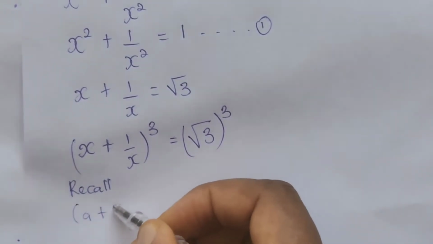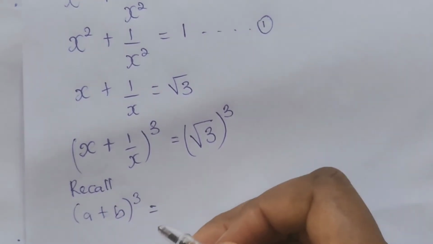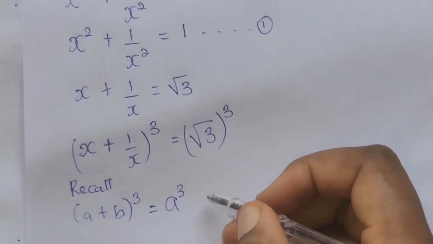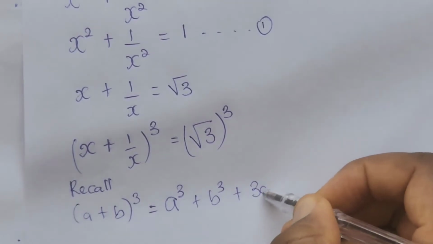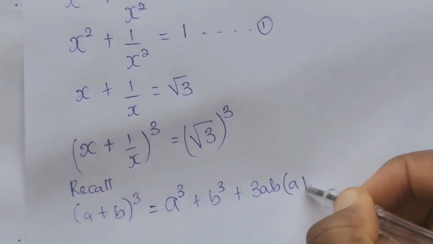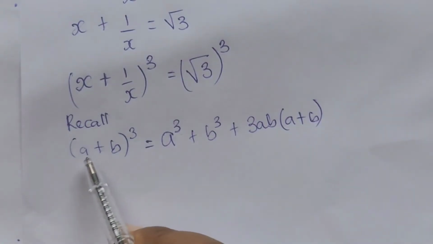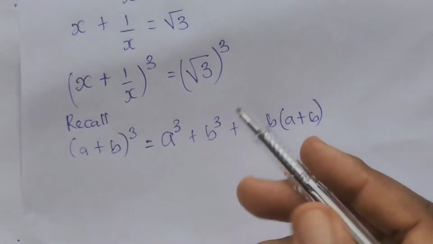when we have a plus b to the power of 3, its polynomial expansion will give us a cubed plus b cubed plus 3ab times a plus b. So from here, our a is x and our b is 1 over x.